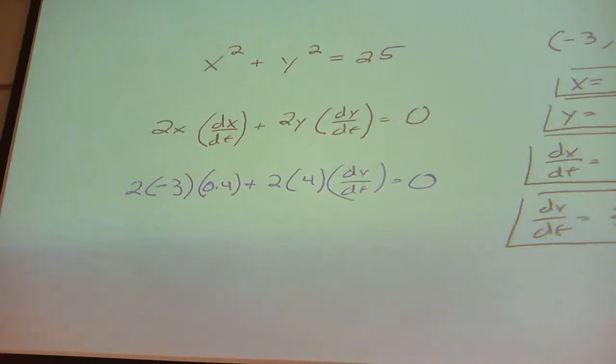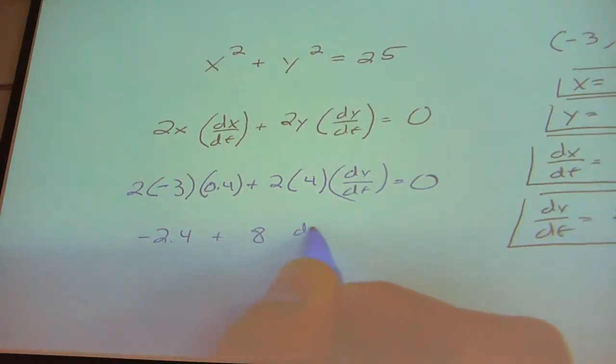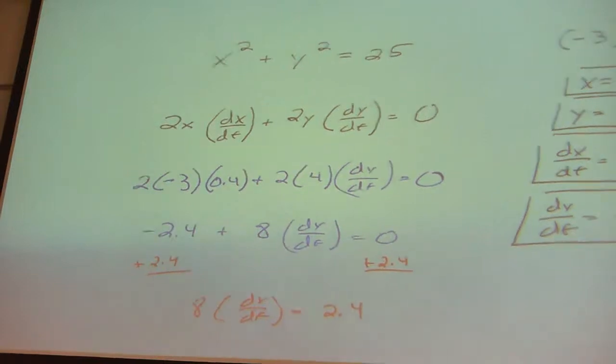So 2 times negative 3 times 0.4 gives you negative 2.4 plus 8 dy over dt. I would add 2.4, add 2.4, 8 dy over dt equals 2.4.